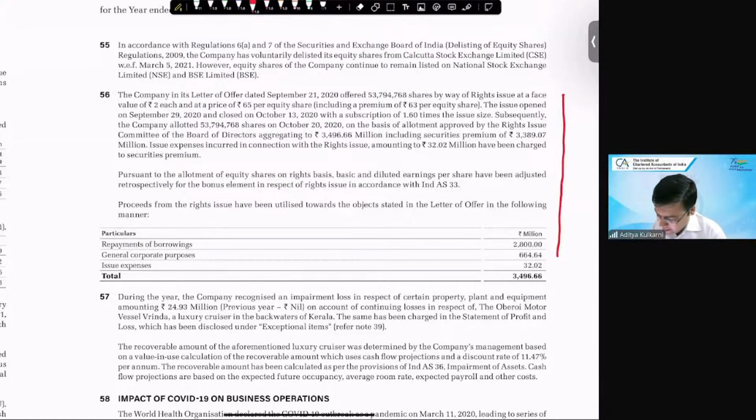The company in its offer letter dated 21st September 2020 offered these many shares by way of rights issue at a face value of 2 each, price of 65, including premium of 63. Issue opened on September 29 and closed on 13th October 2020.